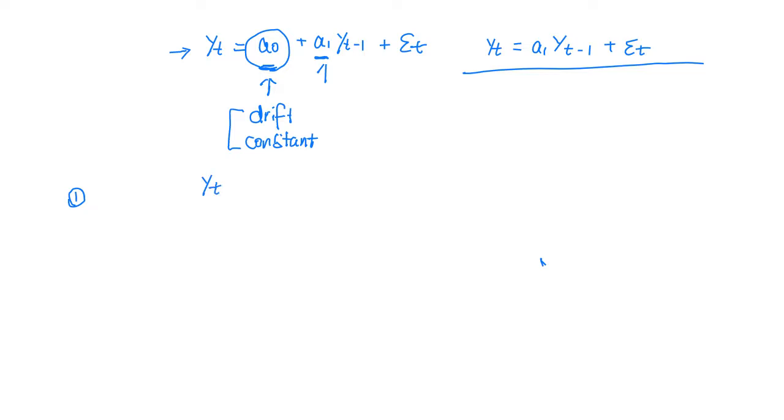Since y_t is equal to this, what about y_{t-1}? Now we replace y_{t-1} by y_{t-2} and epsilon_{t-1}, and intuitively we can see it looks like this.